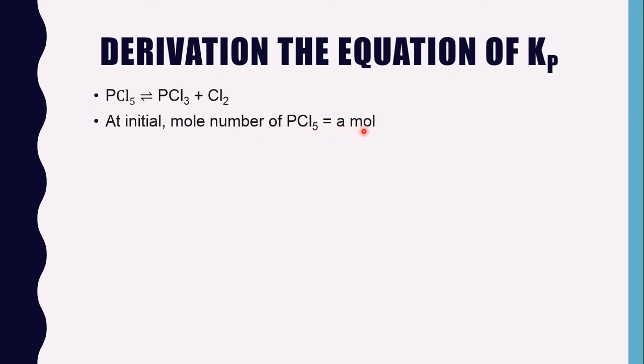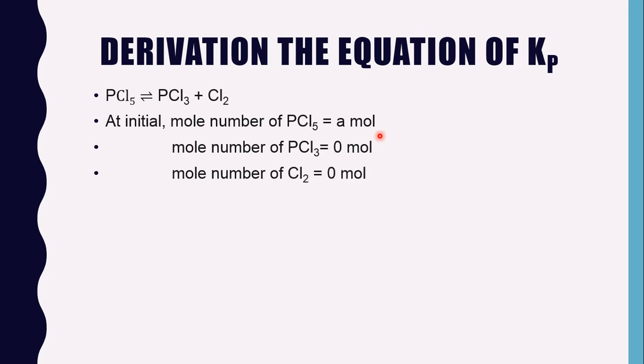So you will take it as A mole or X mole or anything. Now mole number of PCl3, that means product, equals 0 because the reaction has not started here. And mole number of chlorine is also 0.